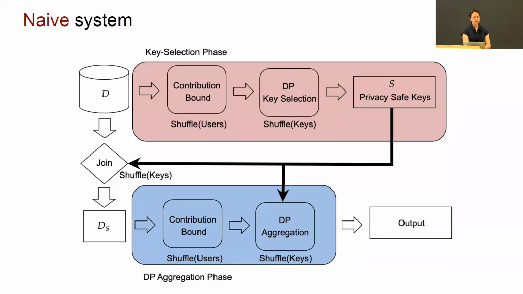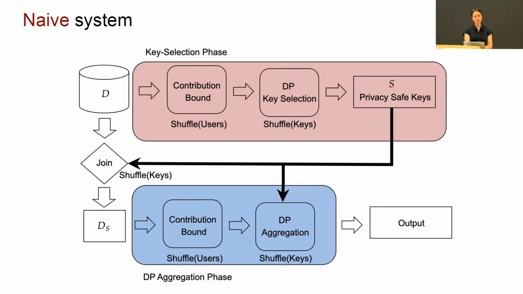So in contrast to the contribution bound once runtime optimized system, which had 2 shuffles, here we have 5 shuffles. And also we found in practice that the join operation can be very expensive. That's mostly because the join is typically very skewed.